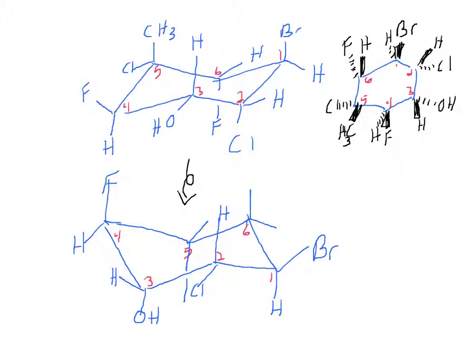Carbon 5 had what going down? A chlorine. So now the chlorine is going to be axial or equatorial on carbon 5? Gotta be equatorial. If it was axial going down, it was equatorial pointing down here. What side of the ring is it going to have to be on now if it's on this carbon 5? Has to be axial. This is down.